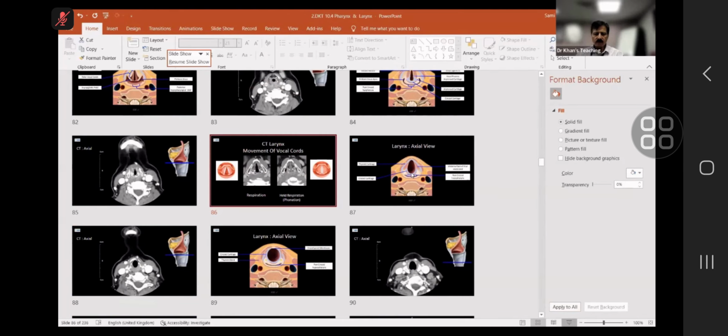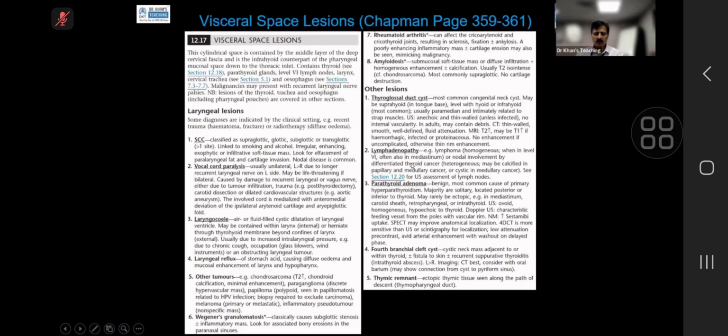Can you see the visceral space lesions slide? Yes, sir. Okay, so this is a case for you.